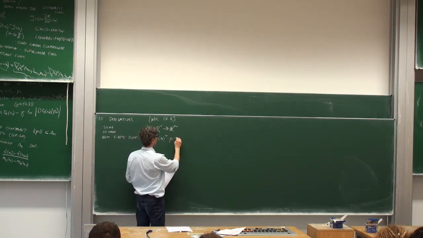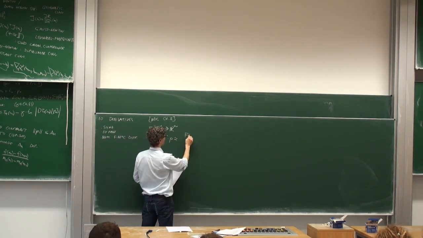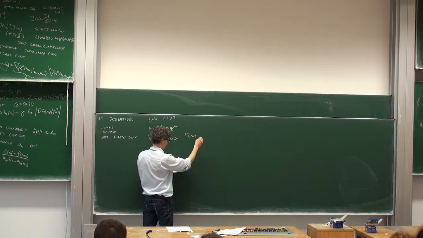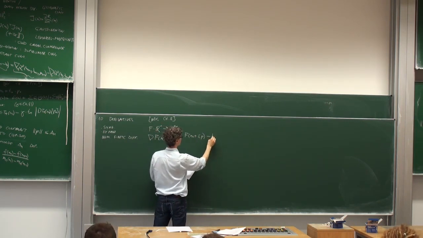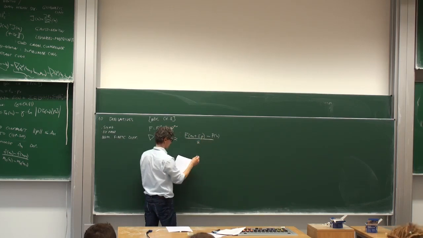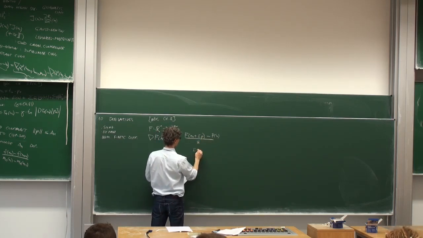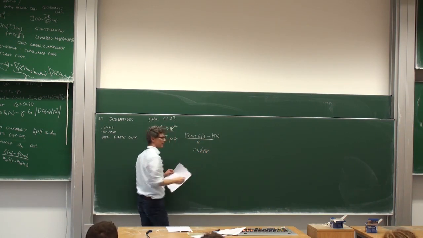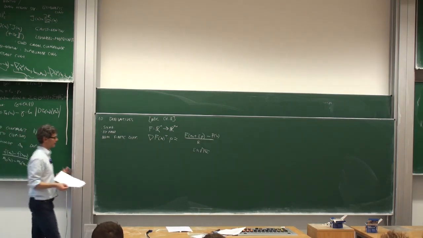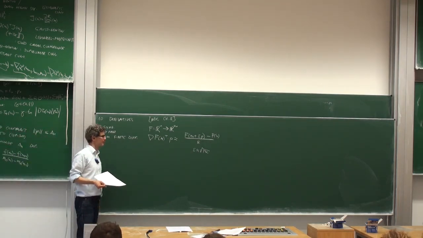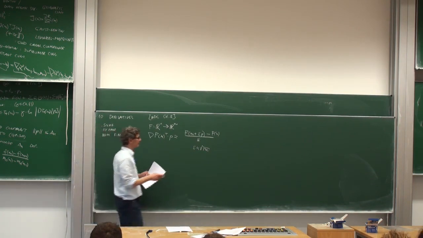Then we can get that by evaluating our function at a point x_k plus some epsilon times p, f(x + εp) minus f(x), and we divide that again by epsilon, where epsilon could be chosen to be approximately the square root of the machine precision. So that is a very fast and easy way to get derivatives.